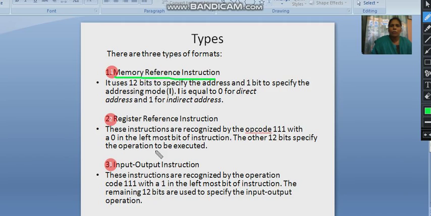The other 12 bits specify the operations to be executed. Now thirdly, input output instruction. These instructions are recognized by the operation code 111 with a 1 in the leftmost bit of the instruction. The remaining 12 bits are used to specify the input output operation. So these are the 3 types of formats generally we use to recognize the different types of instruction.